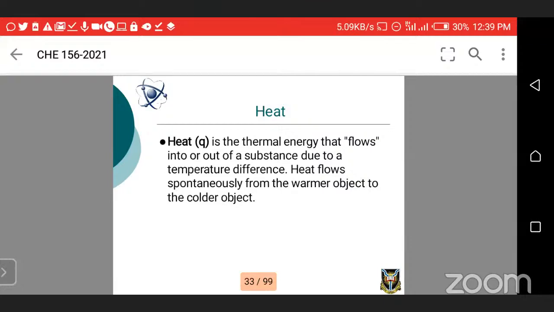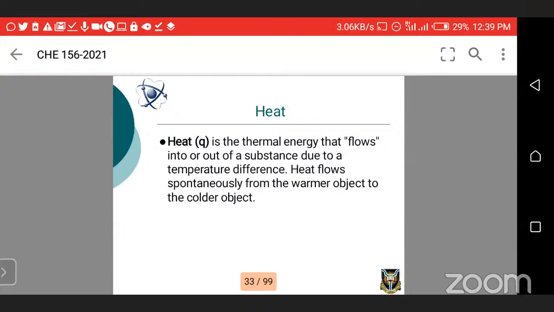Heat, with the symbol Q, is the thermal energy that flows into or out of a system due to a temperature difference. You need to understand that.